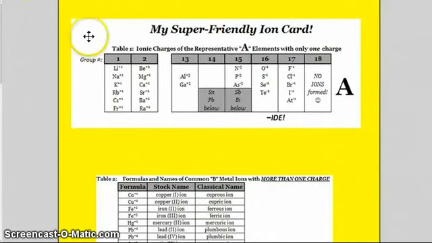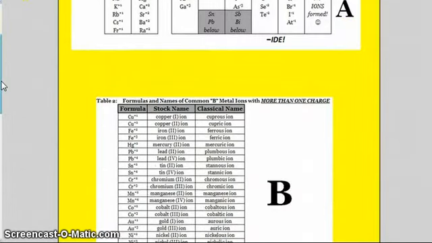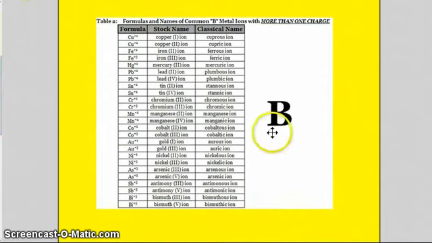And if you look at the front of your flowchart, your super friendly ion card, we remember that we have A and B sections. The top chart shows us the representative A elements. An A element essentially means that it will only form one kind of ion. So all these in the first table are definitely A elements. When you look at the second table, that's why there's a large B there. These elements form more than one type of ion, and most of these are found in the middle section, the transition metal section.